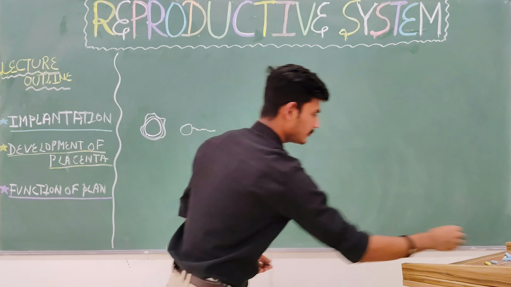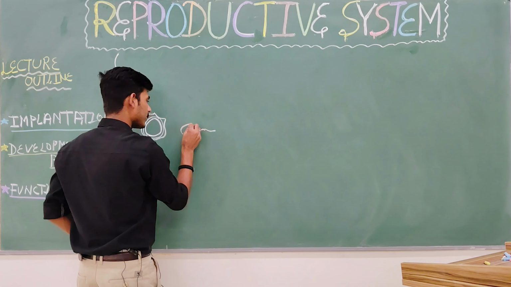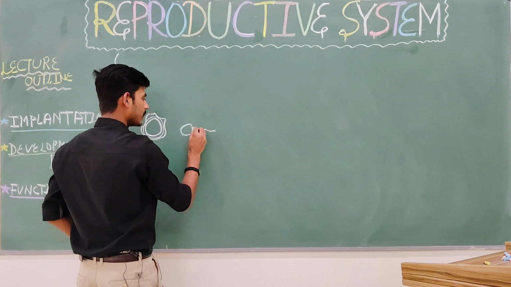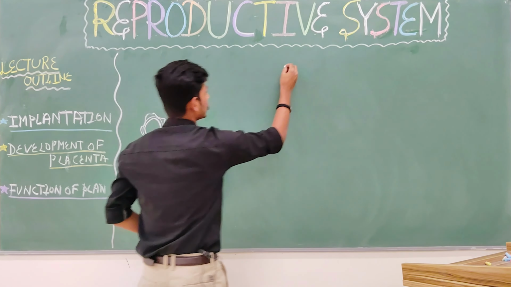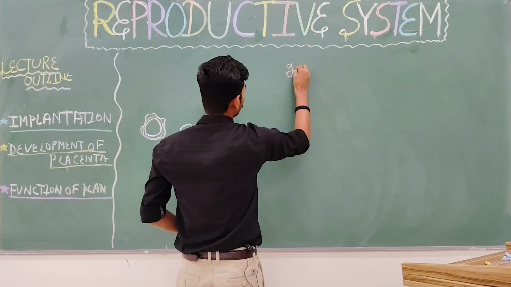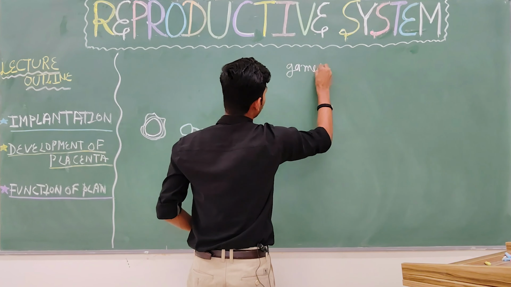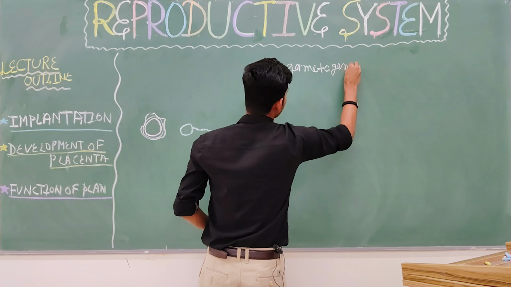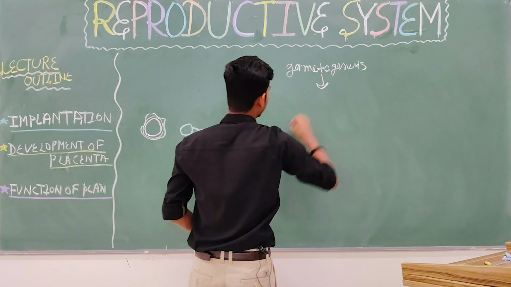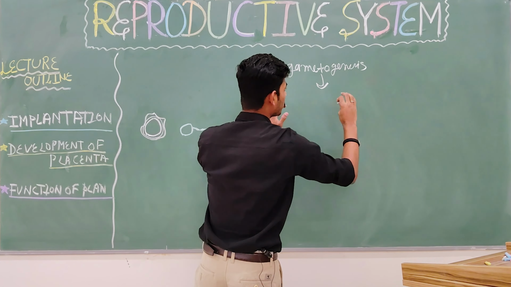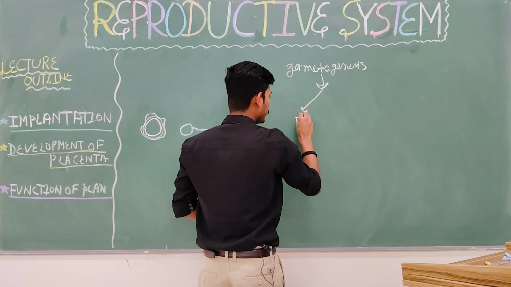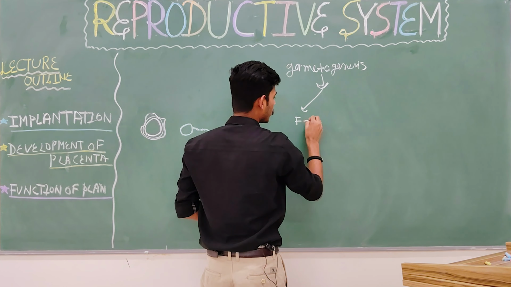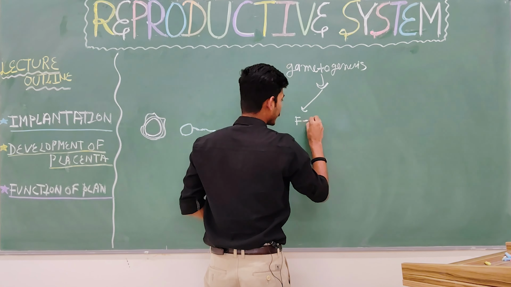Through the gametogenesis process, there is a formation of gametes, two types of gametes. In the case of females, there is a production of ova, or you can say the egg.